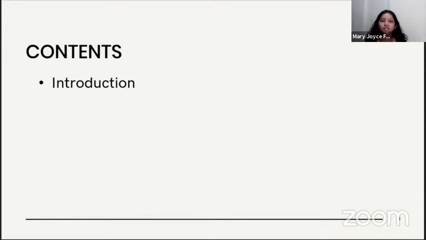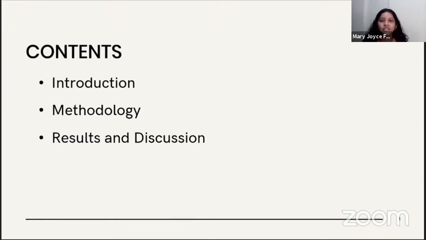The introduction consists of the statement of the problem, objectives of the study, and the scope and limitations, which will be shown on the next slides. Methodology covers the research model and how the model was formulated. Next is the results and discussion.